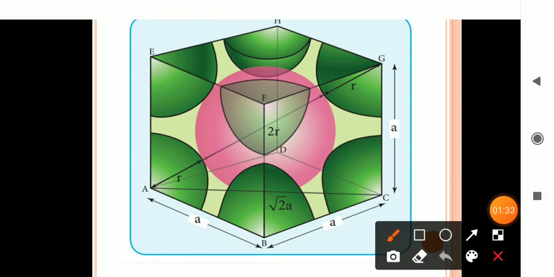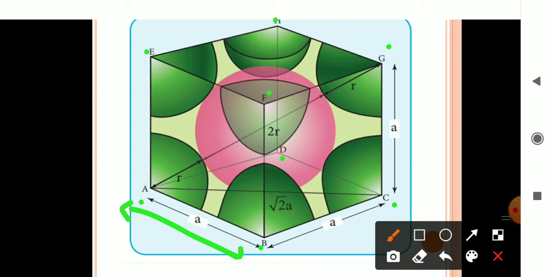Look here, all the corners are named from A to H. This corner is A, this is B, C, D, E, F, G, H. So all the 8 corners of the unit cell are named from A to H. And this edge length, as we have seen in the previous case of the derivation of packing efficiency for a simple cubic system, we have taken the edge length as a. Here also we are taking it as a. So the length of the edge of the cubic box is a.